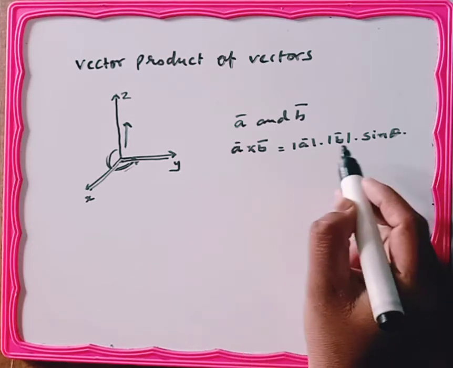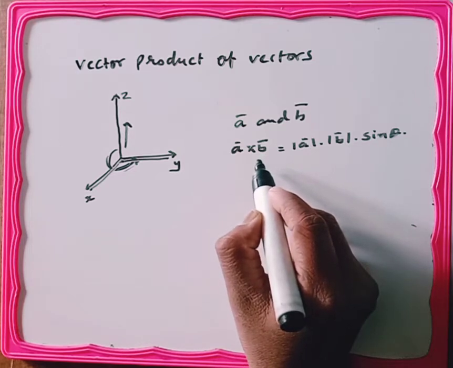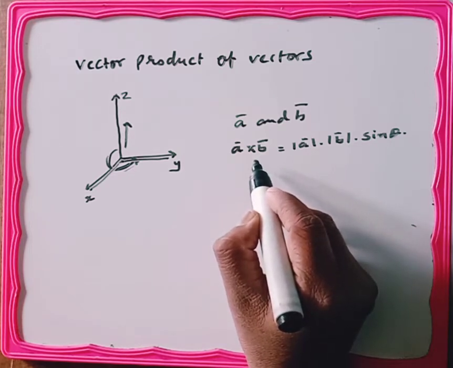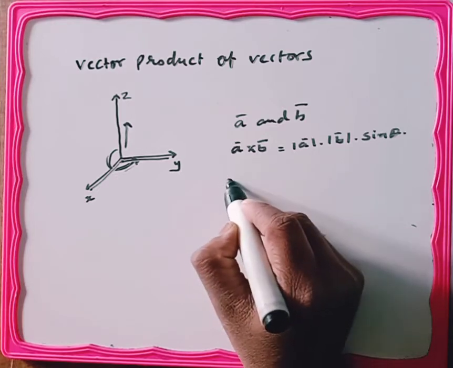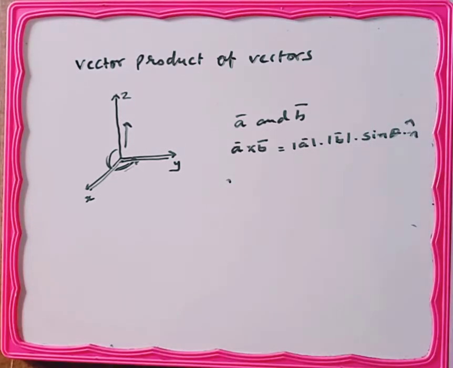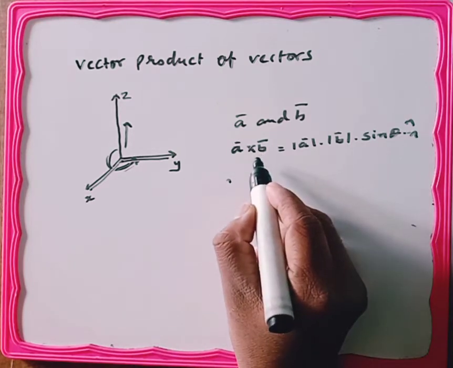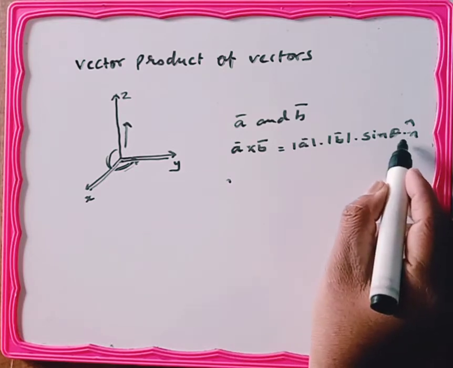Now if we take the perpendicular to a bar and b bar, then a bar, b bar and n bar form a right hand system, and so we can say that as a bar moves towards b bar, the direction is n bar.